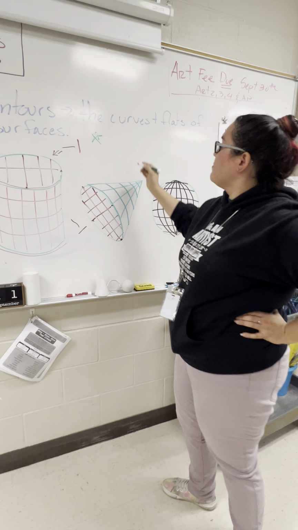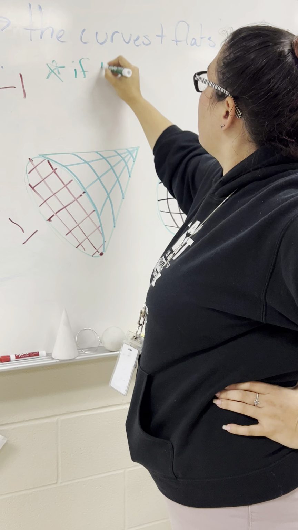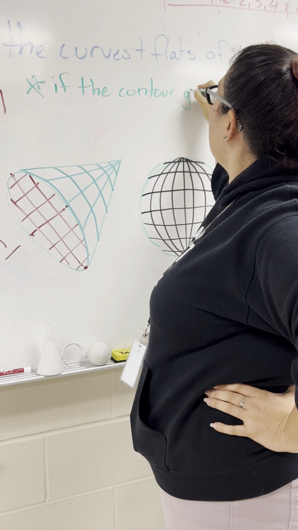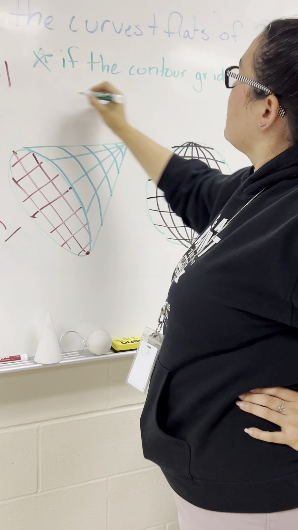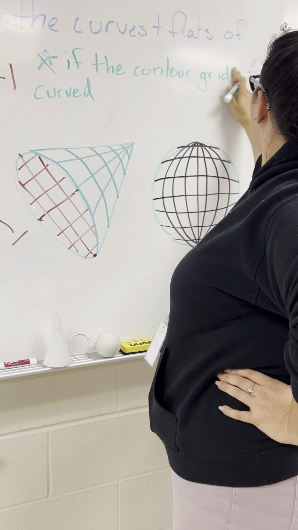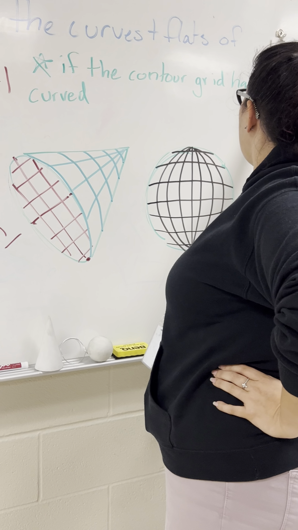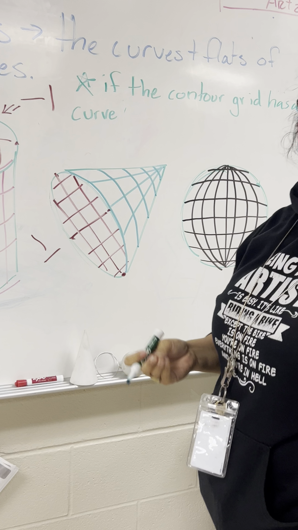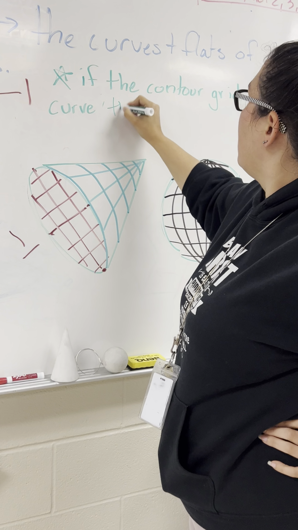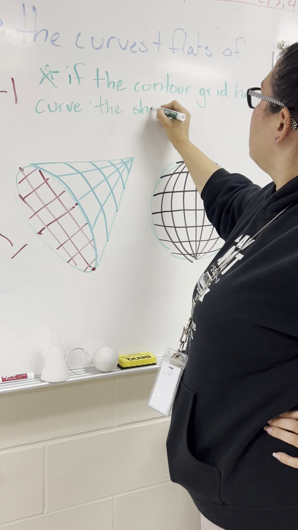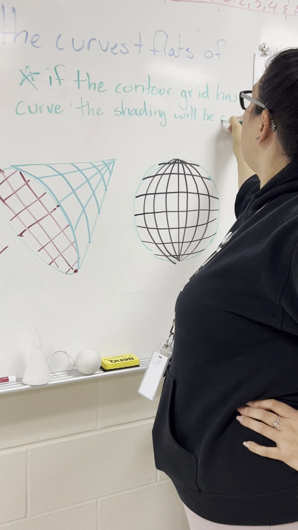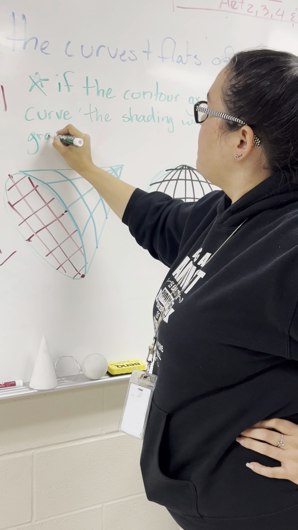What I want you to write is, if the contour grid has a curve, the shading will be a gradient.